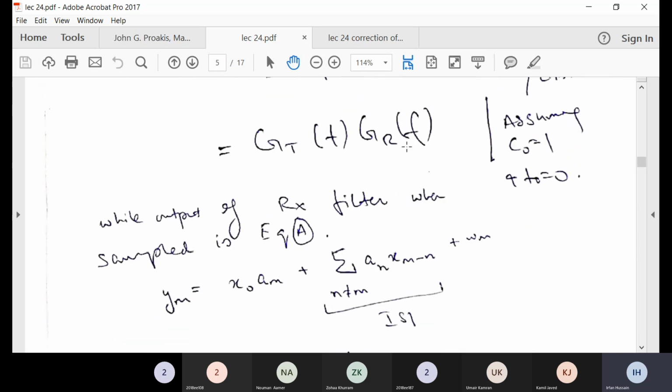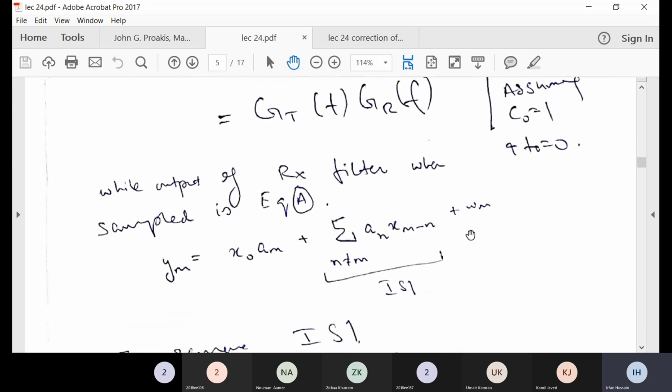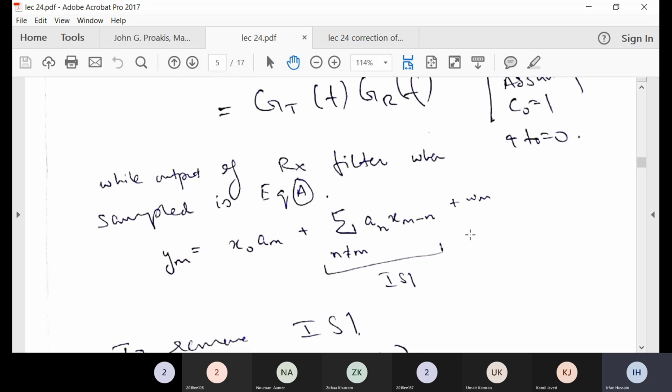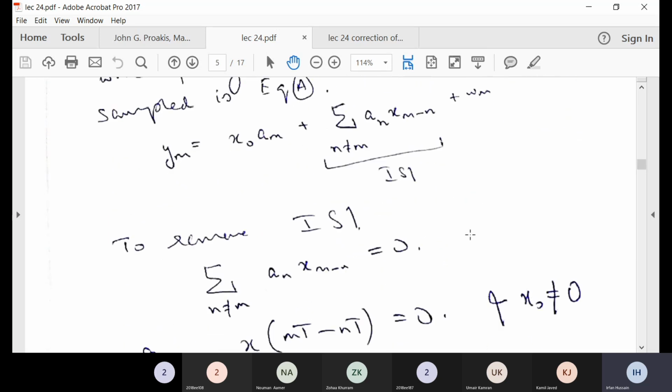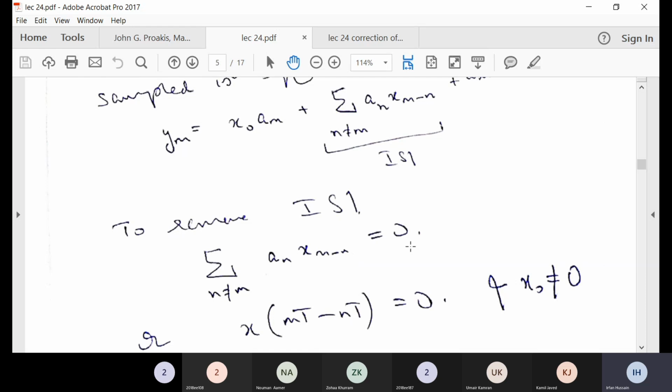And even for this response, we saw that y(m) comes out to be like this. So it has an ISI term. If I want to remove this ISI term, I have to have this ISI term equal to 0. Now when will this be possible? You know a_n are the PAM symbols, or QAM or PSK symbols which are being sent. You cannot reduce them to 0, but you can reduce this channel response.